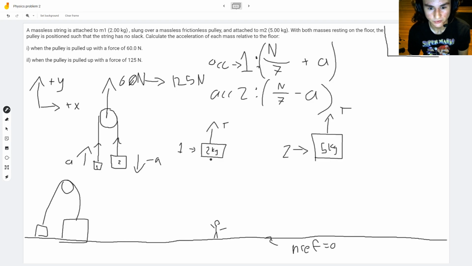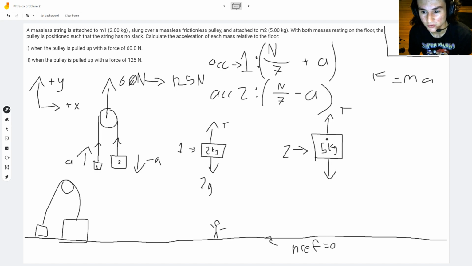The only thing pulling down on it is the mass itself, which is going to be m times g, because g is the acceleration, assuming that we're on Earth. So this would have a value of 2g, because F equals mass times acceleration. Mass is 2, acceleration is gravity. Again, this time we're going to put 5g, because the mass is 5, the acceleration is still gravity.